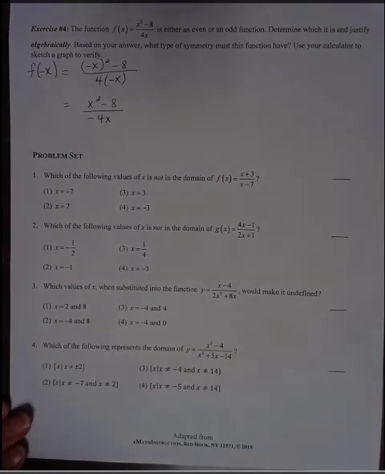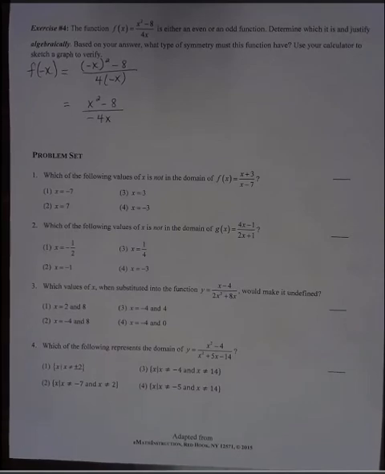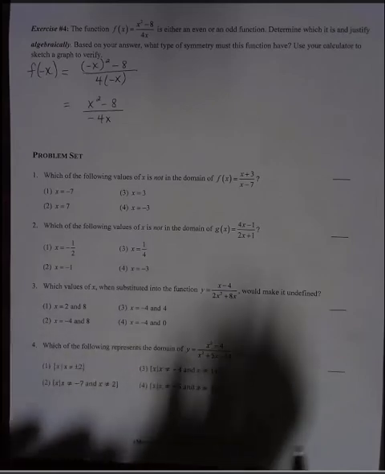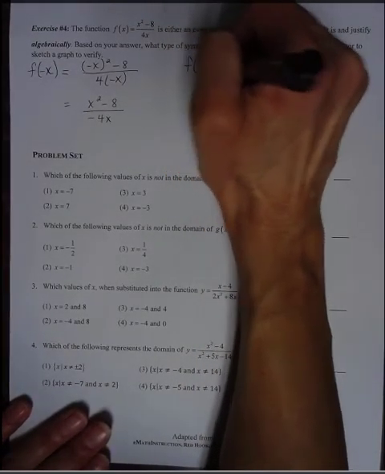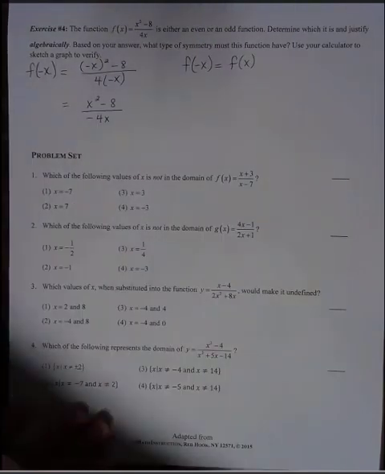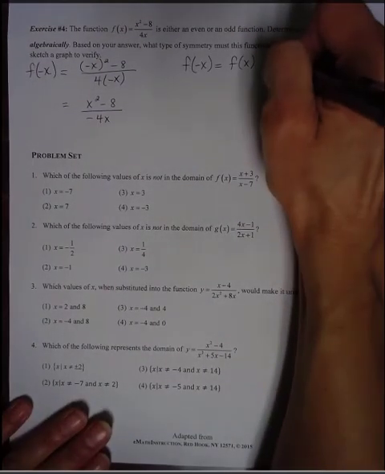All right, so given that information, we have to decide, is this even, is this odd, is it neither? Okay, and how do we go about doing that? So we have to remind ourselves, if f of -x is equal to the original function, then we have an even function.